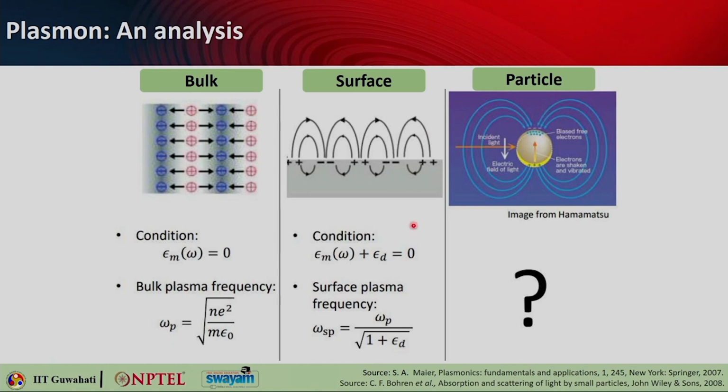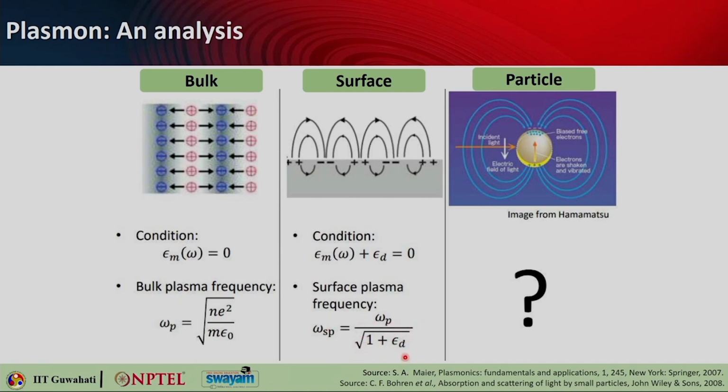Whereas, you can go to surface plasmons and this is the condition. We have seen that epsilon m of omega plus epsilon d equals 0. So, the condition is basically epsilon m of omega equals minus epsilon d. Where they are matching, you are able to excite surface plasmon resonance, and here the surface plasma frequency becomes omega sp, that is omega sp is equal to omega p over square root of 1 plus epsilon d.